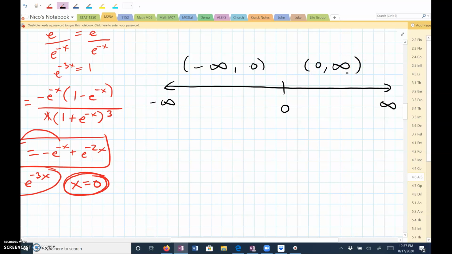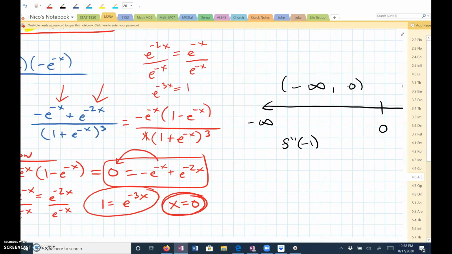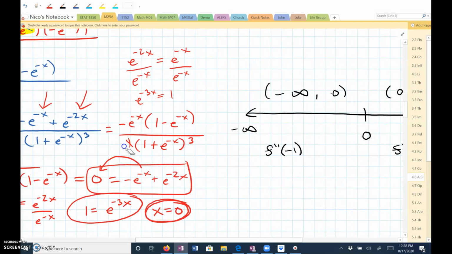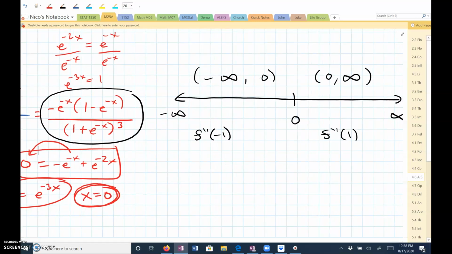See concavity, so I'm going to test the second derivative of negative 1. And over here I'm going to test the second derivative of 1. Here is our second derivative. So I think I'm going to need to finish this up on the next video.